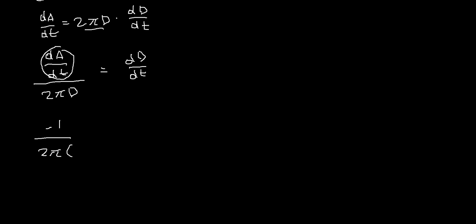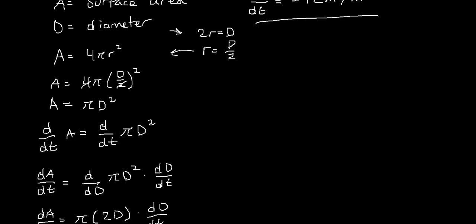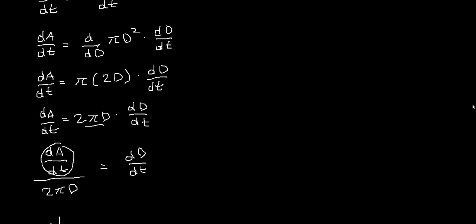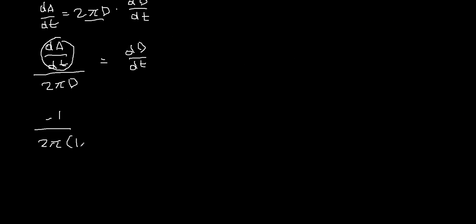Now the diameter, it's asking for what the rate will be when the diameter is 10 centimeters. So that's what we're going to plug in. 10 centimeters. If you don't want to keep the unit, whatever. Equals dd over dt. And this is going to be -1 over 20 pi.